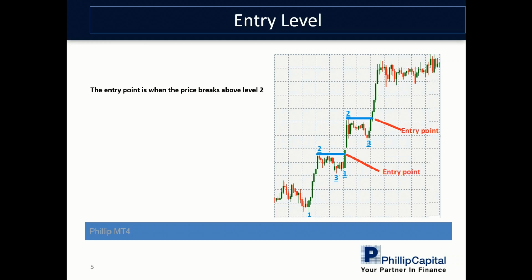As the price activity breaks above the previous level at level 2, that's when we would enter this position. And we would take a long position, knowing that the price action is quite strong, there's momentum, and it's about to break up to the upside again. So that's our entry point on this pattern.